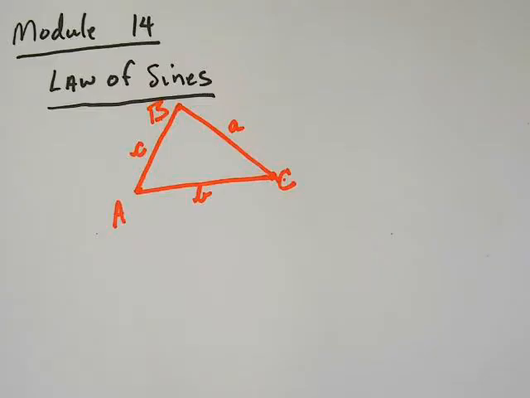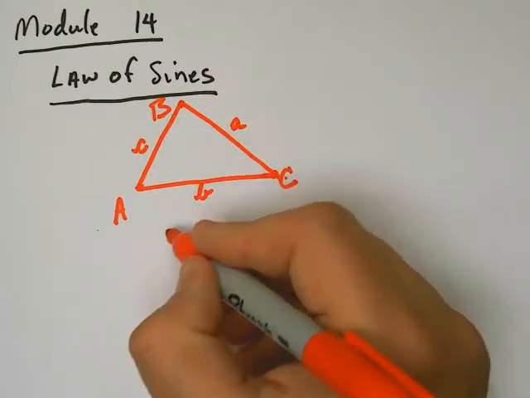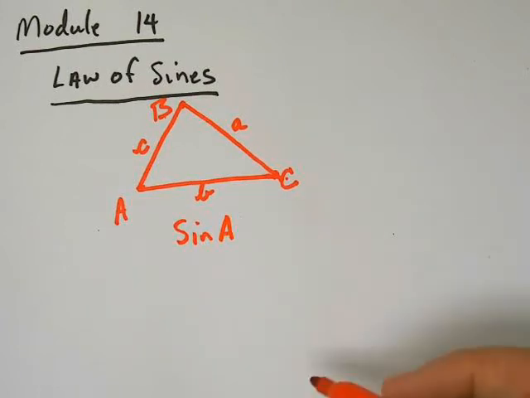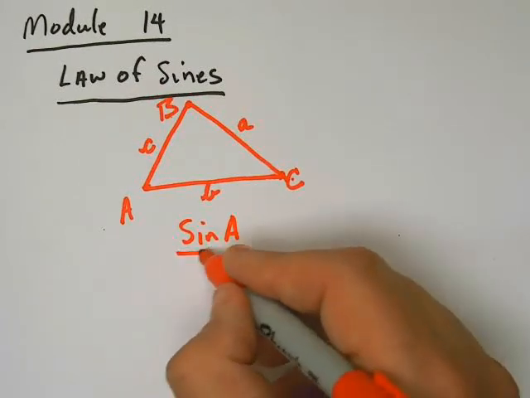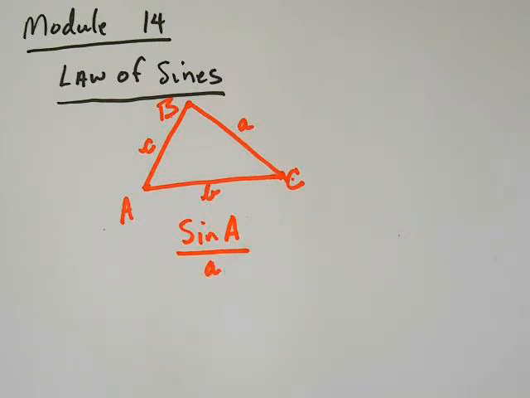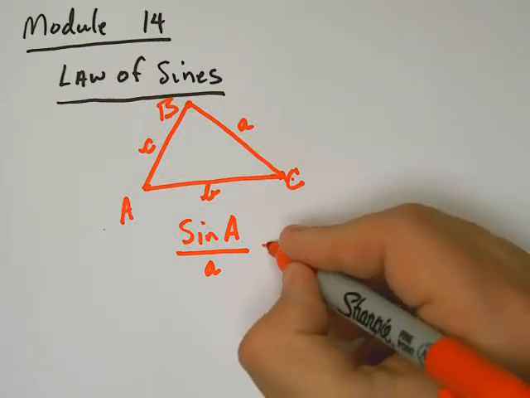But that being said, let's go ahead and go through. The law of signs is a proportion. We take the sine of the angle and we write it as a ratio over the opposite side. So it's lowercase a. And then it's a proportion.